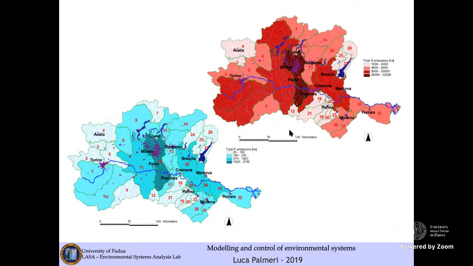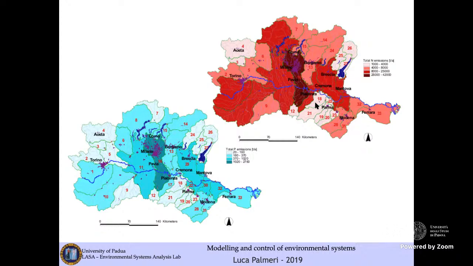In particular, we may subdivide by subcatchments the contributions to the total nutrient load generation by this basin. And we see that, for example, the Milano Pavia Piacenza subcatchment is one of the most significant for both phosphorus and nitrogen.